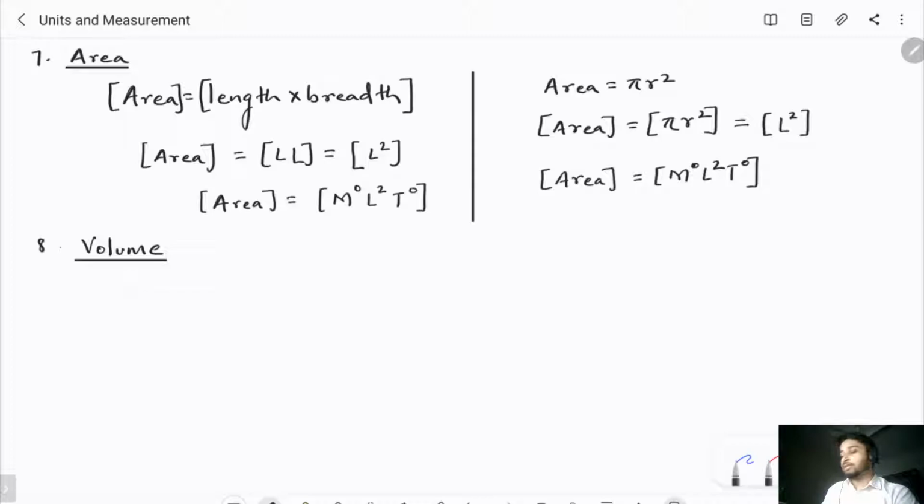If we take for example volume of a cuboid, then volume becomes length into breadth into height.